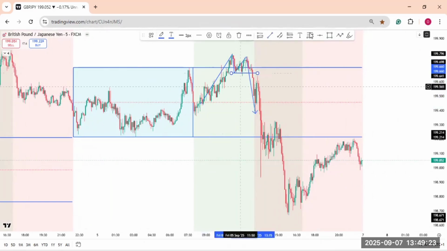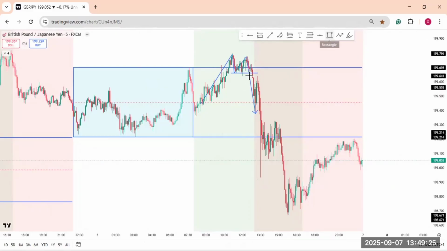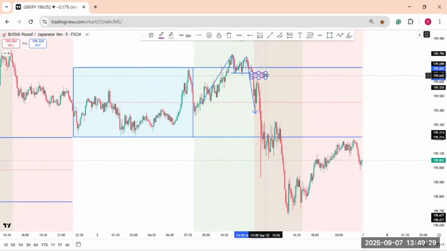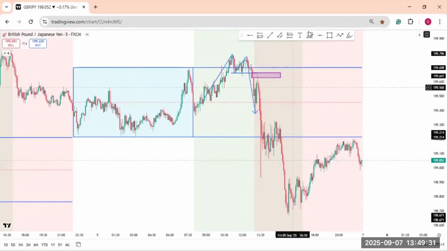And where the change of character occurred, we can see that there is a fair value gap around that level. So we are going to take our entry at that particular level.